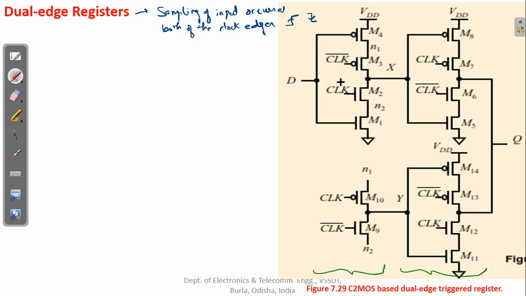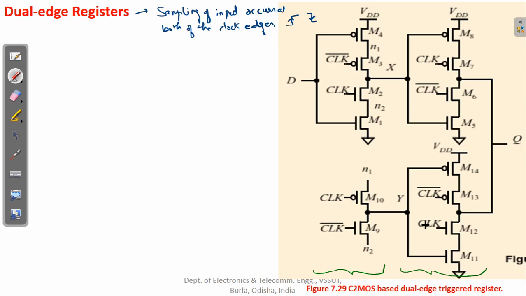So this is clock bar, this is clock, and its output is connected to the input of this stage, where this is clock bar. Okay, now here is clock bar, clock. So the application of clock signal of this upper part with respect to the lower part is complementary. Okay, so for example, with respect to the location, if this is clock bar, this is clock, this is clock, this is clock bar. Okay, this is clock bar, and this is clock bar, and this is clock.